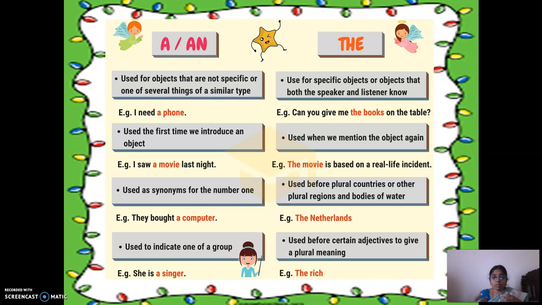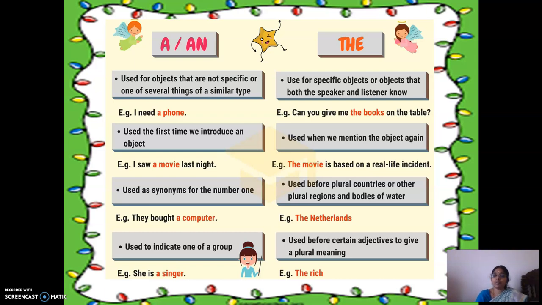I'm seeing the books which I know, and you too know those books. Both the speaker and the listener know the objects, then we can use the. So can you give me the books on the table? When I'm saying that to you, the books will be known to you also.